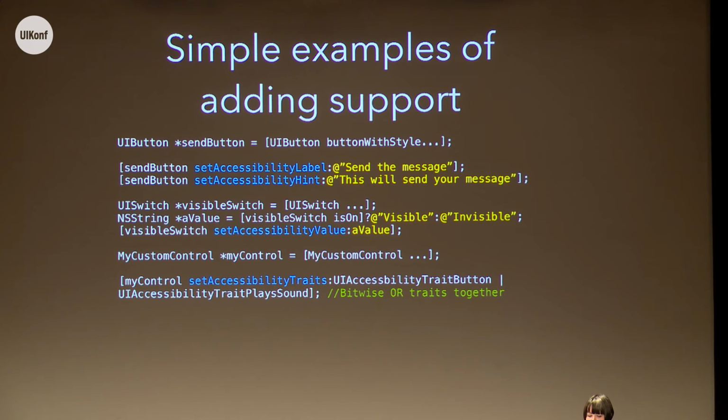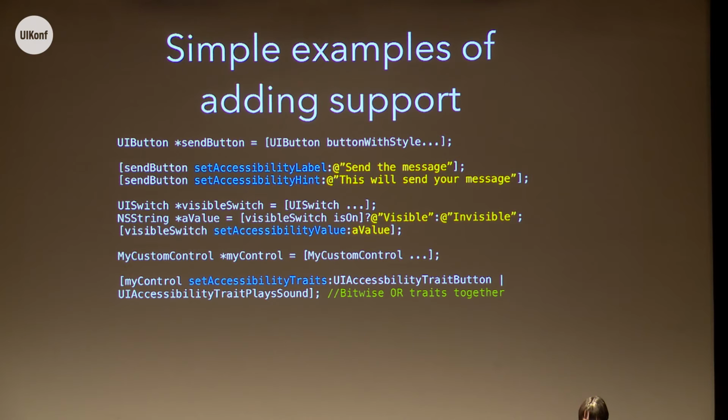If you're using OpenGL or anything like that, it's trickier. If you've got static accessibility text, like the label and the value, just use the setters. But if it's something that's going to change over time, you need to override the methods. So you'd override accessibility label, accessibility hint, etc.